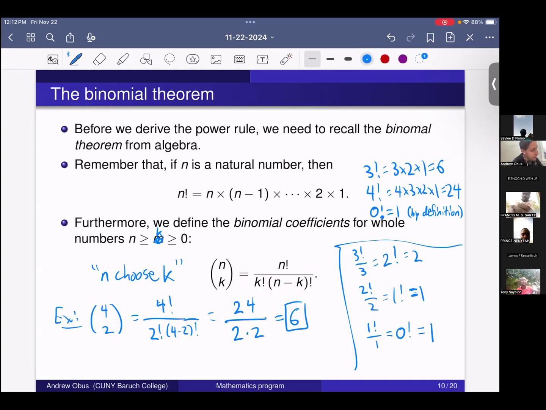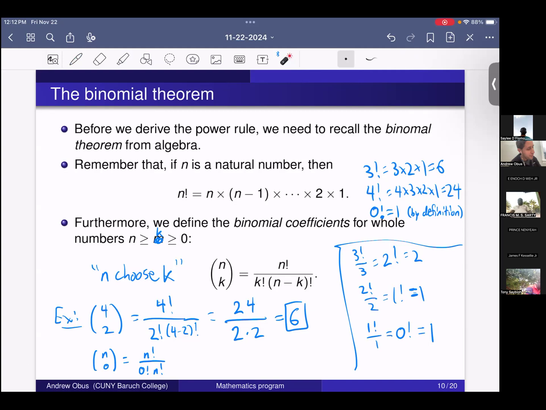And I guess I should also mention that if I take any n, choose 0, how many ways are there of picking 0 people? Well, basically, by the definition here, that's n factorial divided by 0 factorial times n minus 0 factorial.